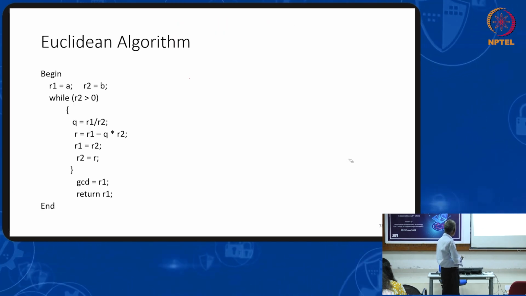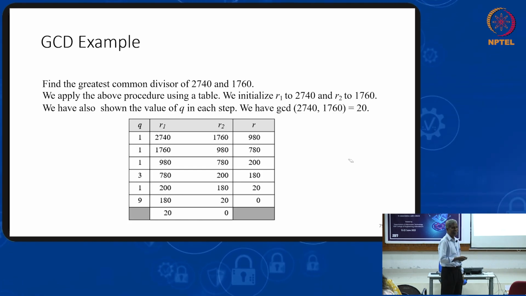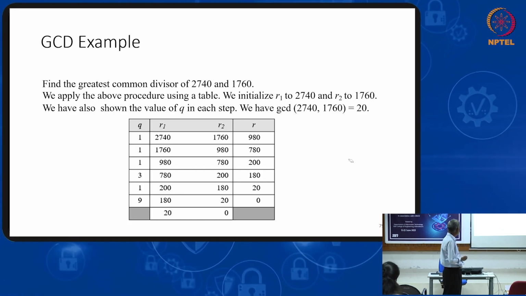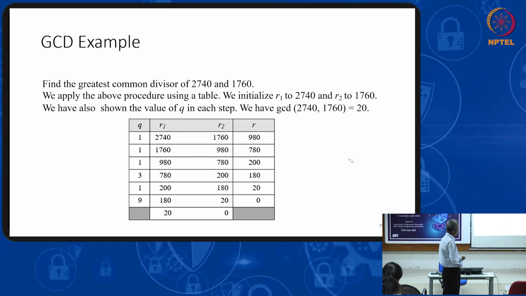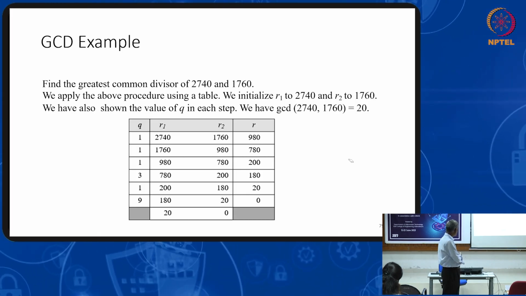First, R1 equals A, R2 equals B. So what will A and B be? R1 is 2740, R2 is 1760.